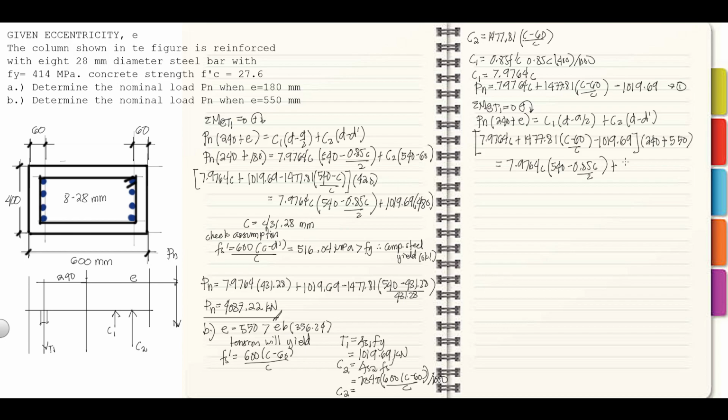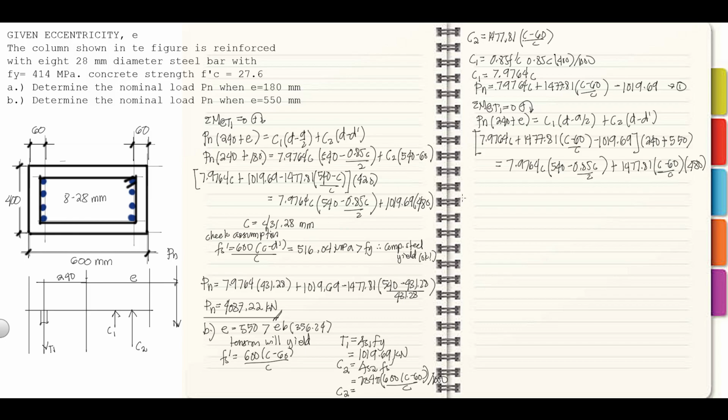Ang C2 natin is 1477.81 quantity C minus 60 all over C times yung kanyang moment arm which is D minus D prime. So, ang D minus D prime natin is, ano yun? 480. No? 80 yan. Okay?